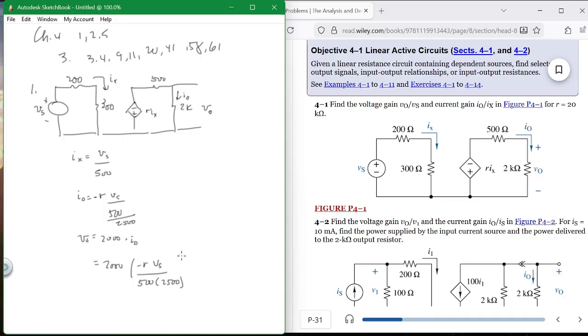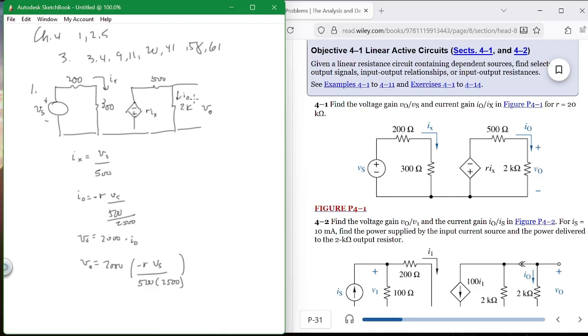Is that right? Cancel. Okay, so V out over V source is that number. Isn't that right? Because the current here would go this way.